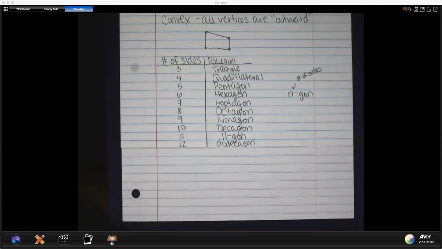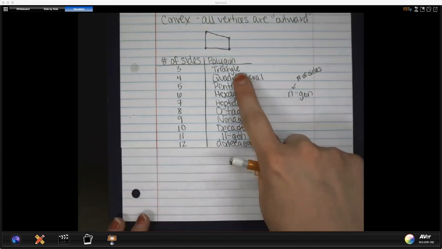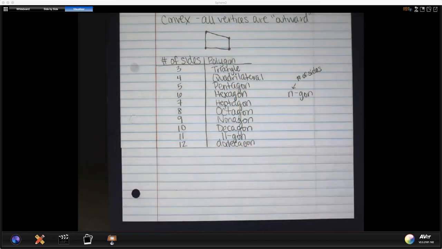I know it's more just getting the information, but can anyone not read something like that? Okay, so on your assignment, there'll be questions that say, is it concave? Is it convex? What name is it? Classify it by the number of sides. So if it was 3-sided, like this is a triangle, and it's concave or it's convex. That makes sense? Okay.